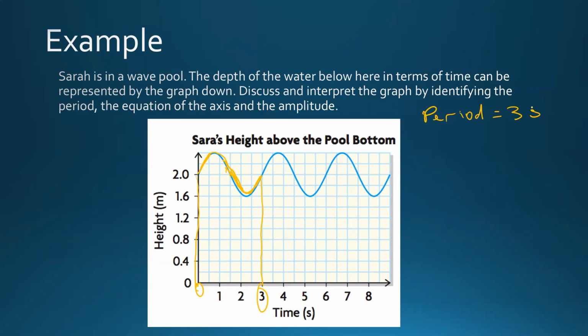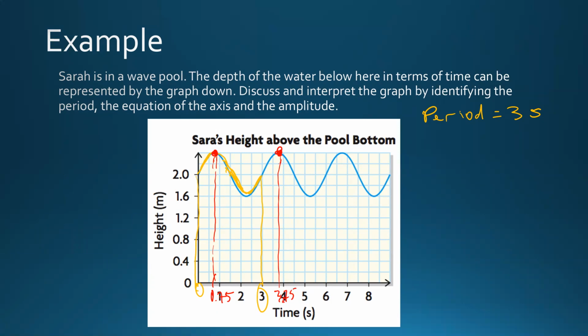And I hope that kind of makes sense so far, right? Now keep in mind, 3 seconds. I could have started at a different point. I could have started at the maximum height and gone to the next maximum height, the peak, right? Consecutive peaks. Now, if I did that, I would have to approximate and say, okay, this is about 0.75, and this is about 3.75.